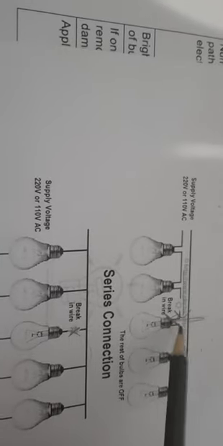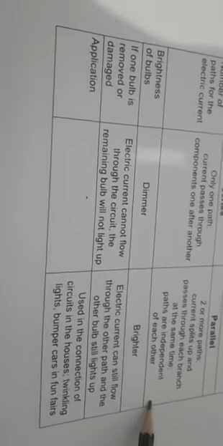The power won't go off completely because it still has another route. If it doesn't go in there, it can still go on to the next one, as differing from the series, because if we take one bulb out, there is no supply because they are connected one after another. That is what that explains.